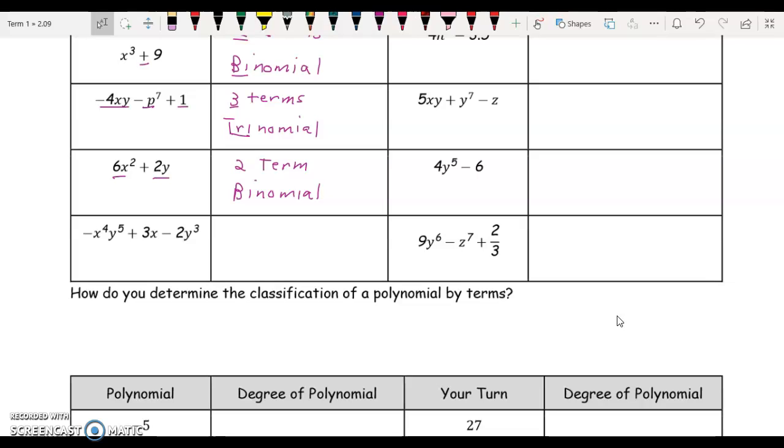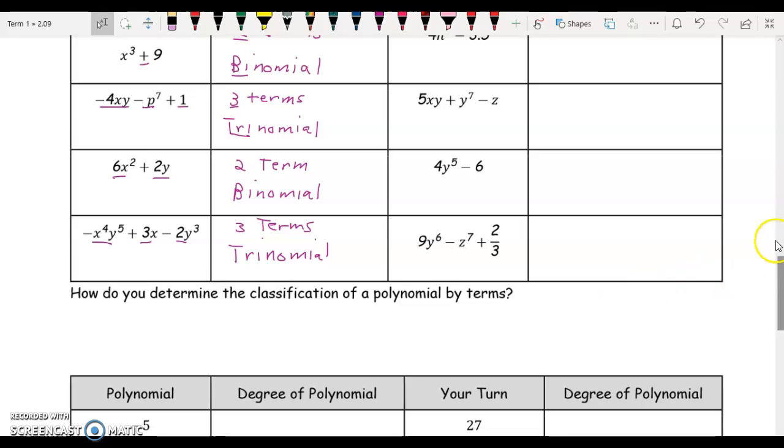Next, I see I've got a 1, 2, 3-term polynomial. So that's 3 terms, and this would be called a trinomial. Anything over 3 terms is just simply called a polynomial. Okay?